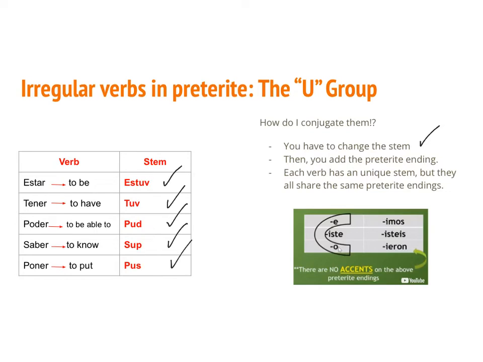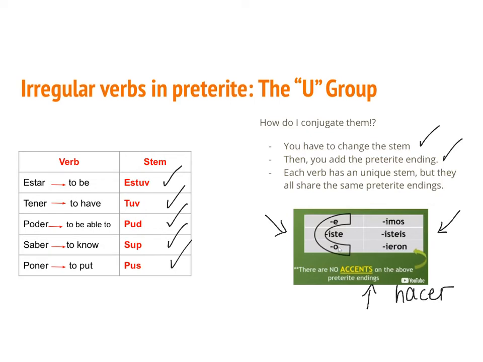And then after you change the stem, you have to add the preterite ending. And these are the preterite endings you're adding. Now be careful because these endings are not really regular endings. They are not AR endings or ER endings or IR endings. No. Actually, if you look at these endings, you might see a connection with the verb hacer.